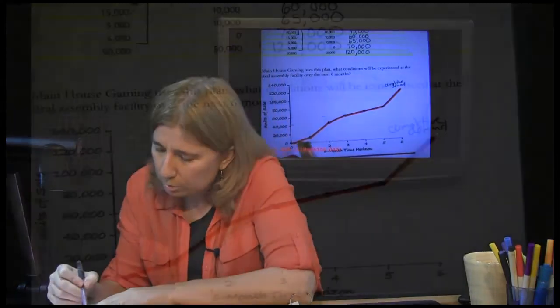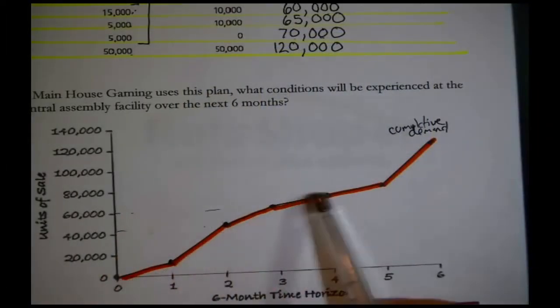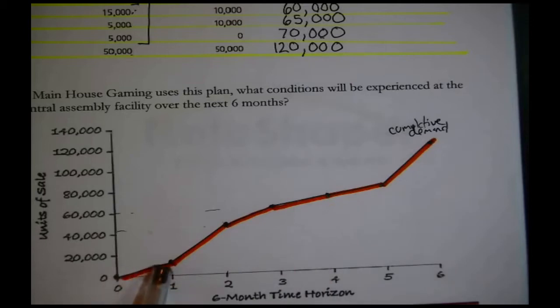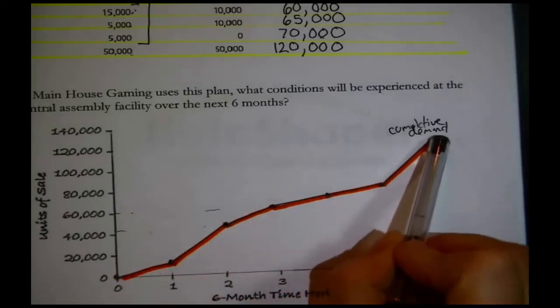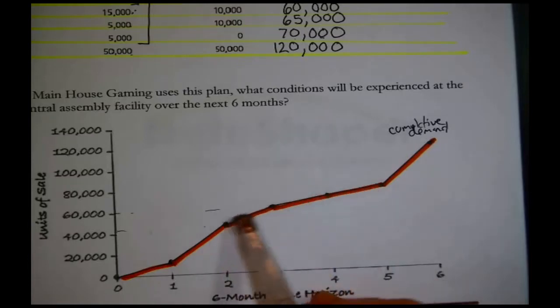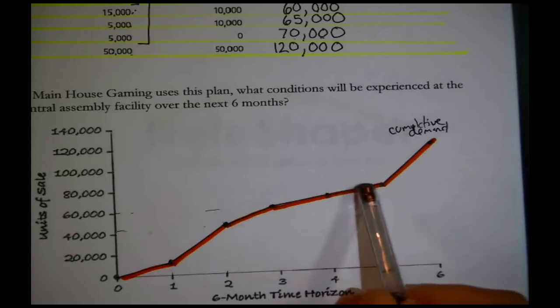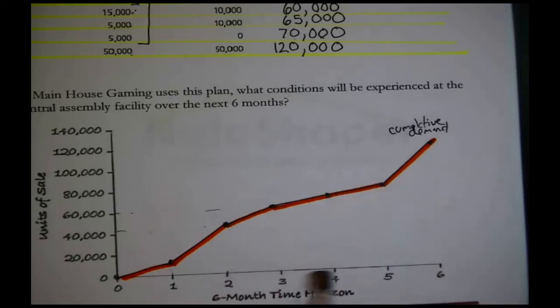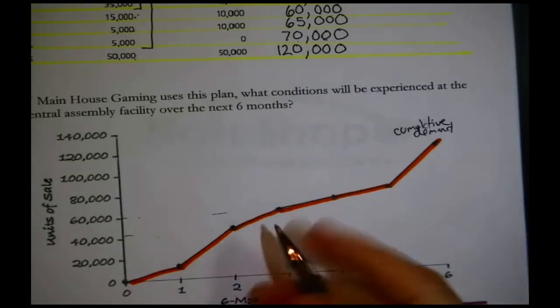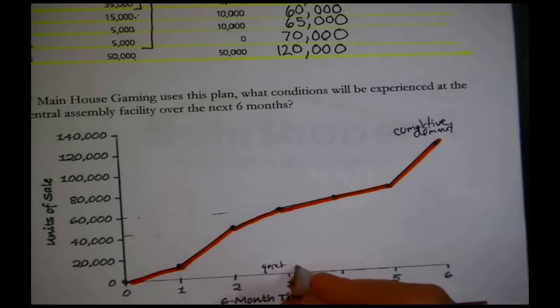When you're looking at a cumulative demand curve, anywhere, imagine yourself sort of taking a hike along this terrain. Anywhere that the hike is fairly easygoing, the line is fairly flat, these are quiet months for demand.